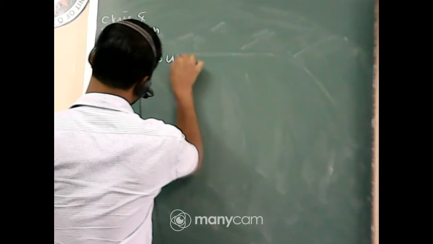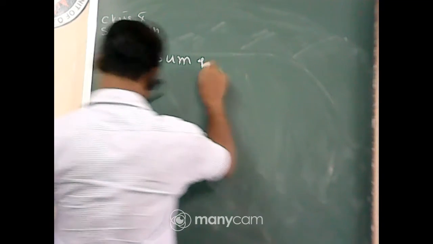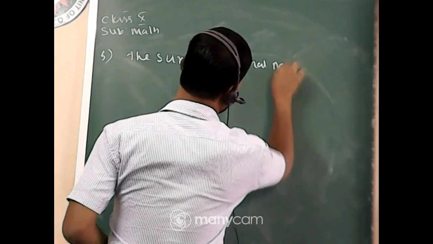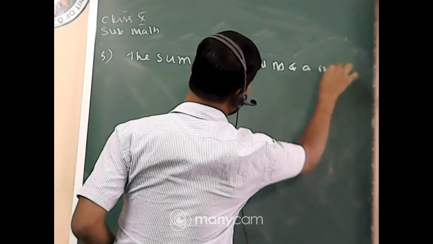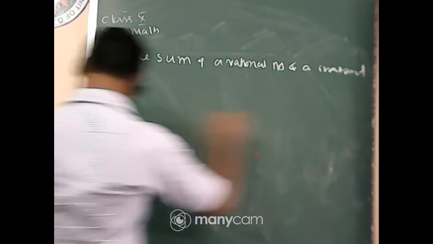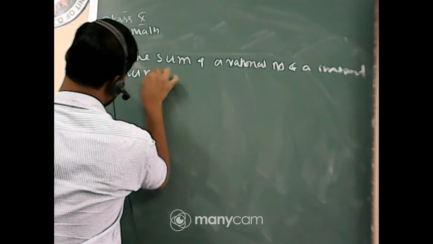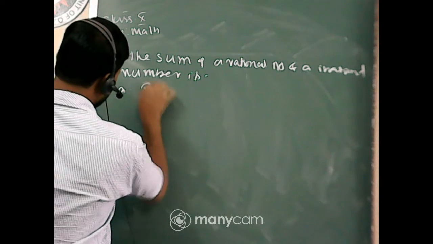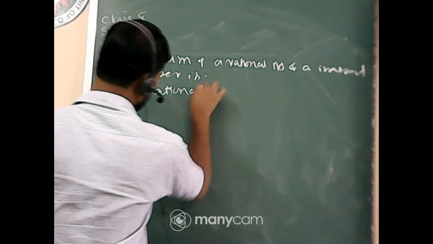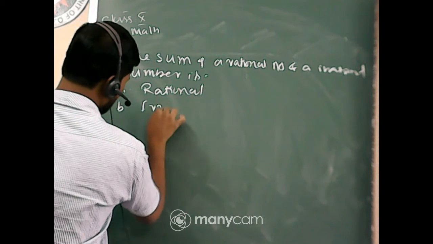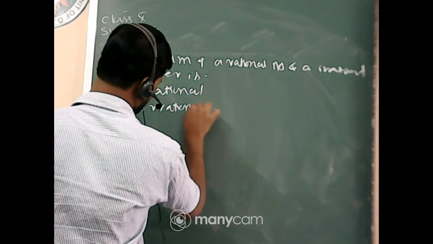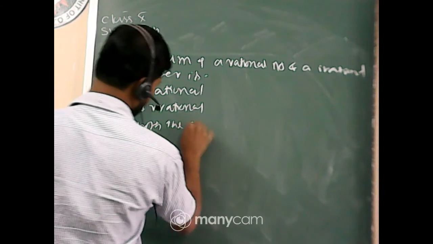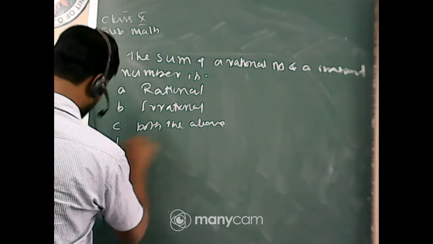The sum of a rational number and an irrational number is: option A, a rational number; option B, an irrational number; option C, both of the above; and D, none of these.